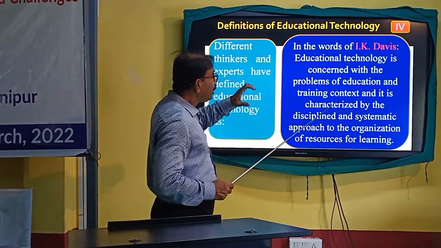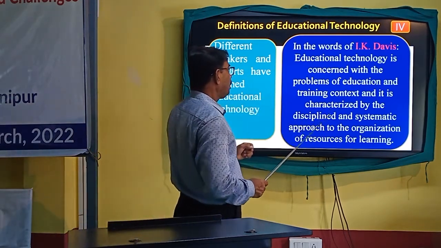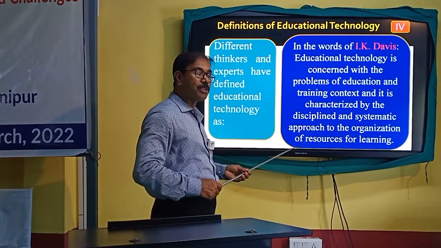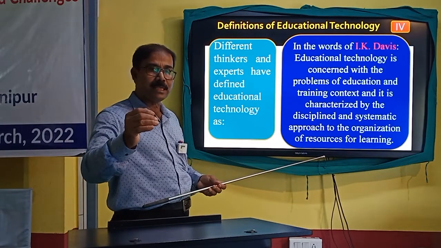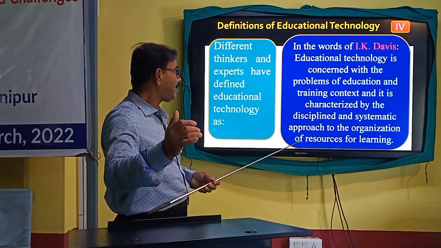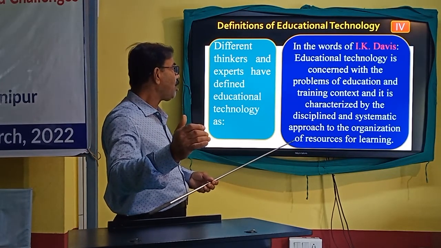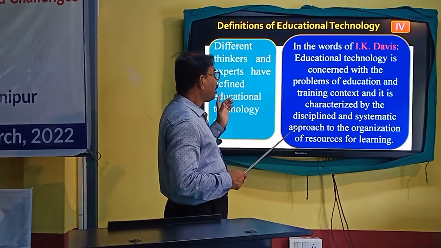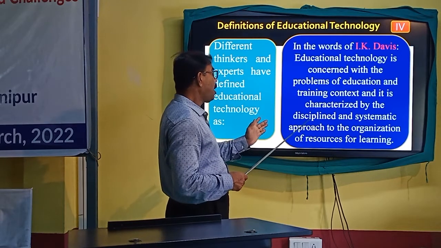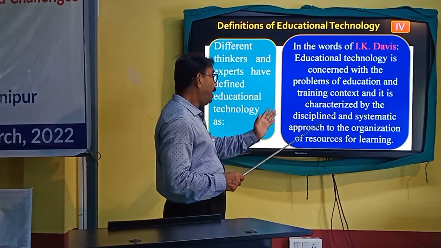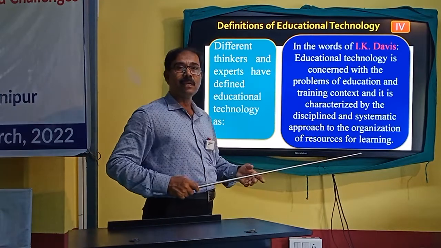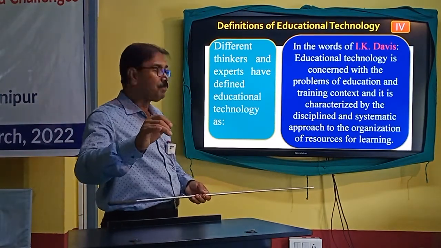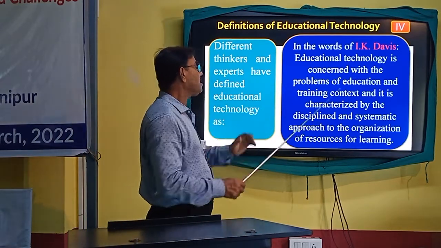And it is characterized by the disciplined and systematic approach, means the tools and machineries, devices and assets of educational technology help us to make the process of transaction of knowledge very disciplined, very systematic, and help to make the process of training so much practical, at the same time disciplined and systematic.